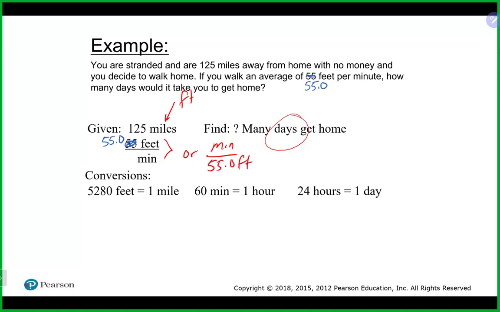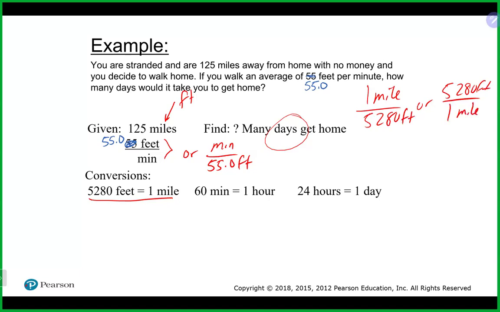And I think that's what it says on your handout there, 55.0, rather than just 55 even. So we'll do the feet conversion there to miles, or miles to feet, actually. So basically 1 mile is 5,280 feet, or 5,280 feet is 1 mile.